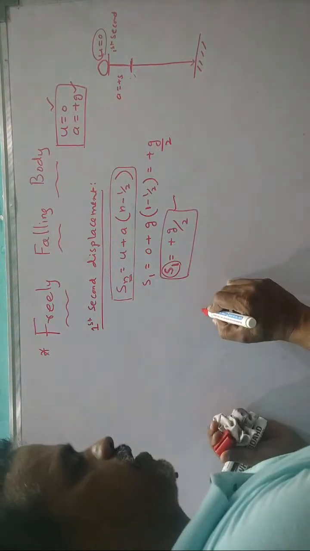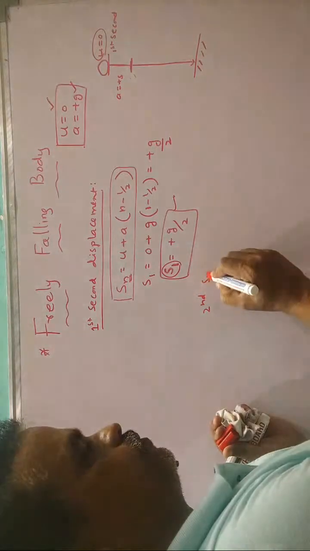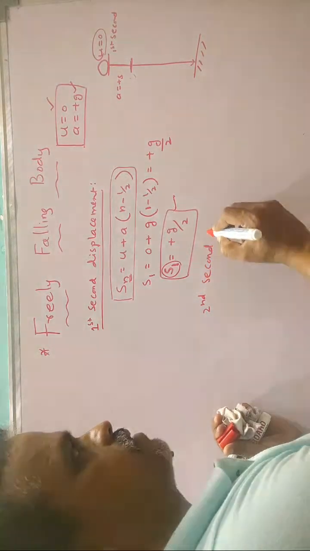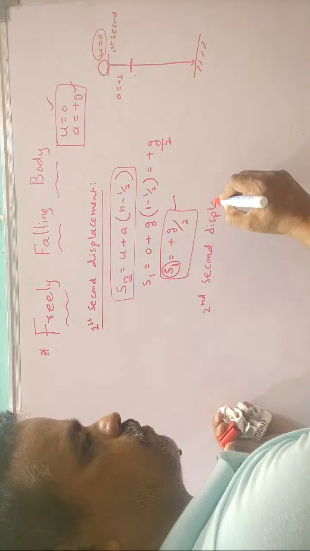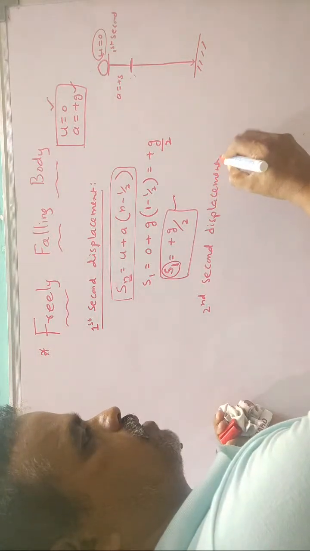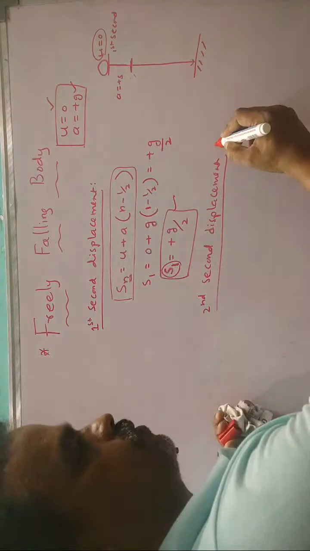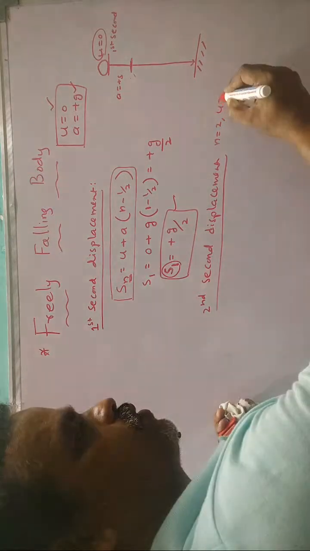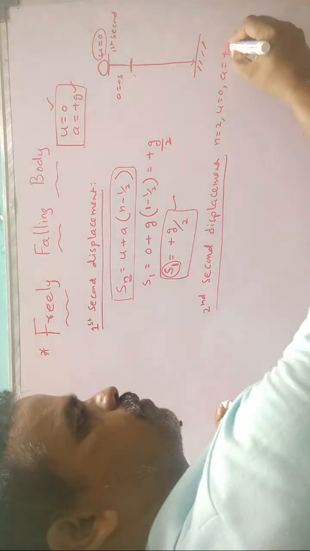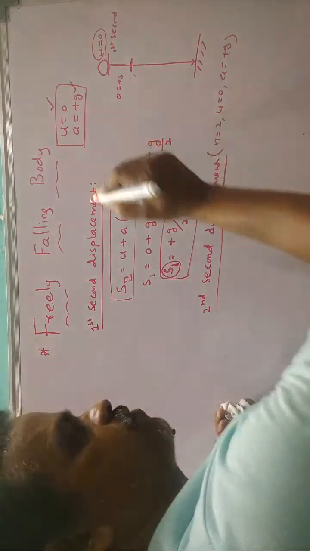So I will go for the next, second displacement. Just do this one: substitute n equal to 2, u equal to 0, a equal to plus g, in this formula and do it.